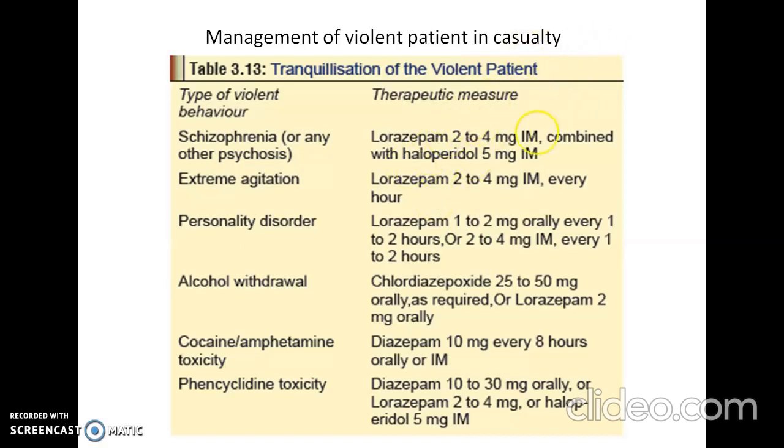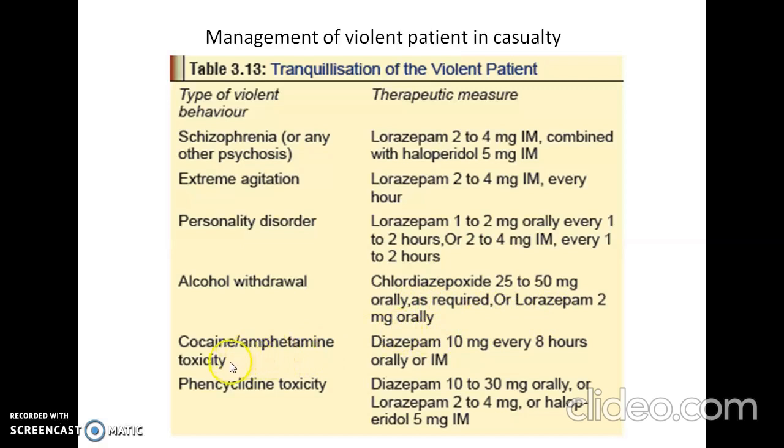If personality disorder is observed, lorazepam 2 mg orally every 1 to 2 hours or 2 to 4 mg intramuscular every 1 to 2 hours can be given. Sudden withdrawal of alcohol can also cause some violent behavior in a person. In such a situation, chlordiazepoxide 25 to 50 mg orally as required, or lorazepam 2 mg orally can be given.